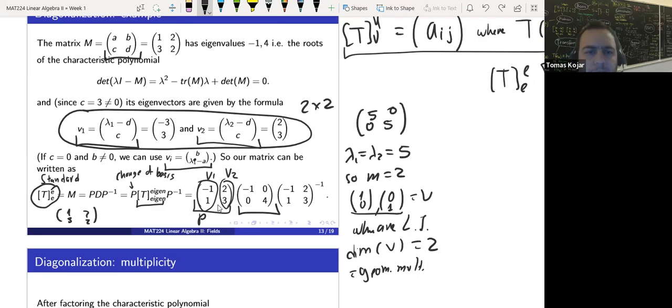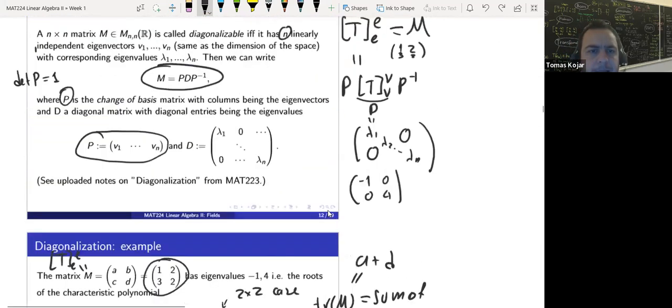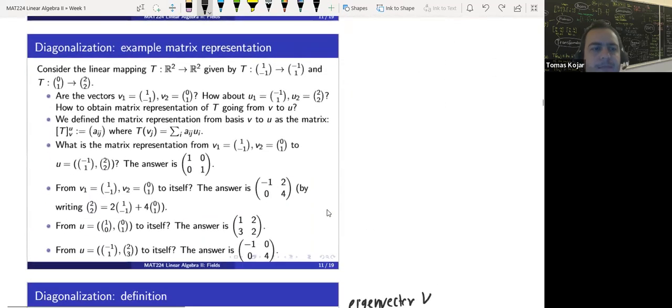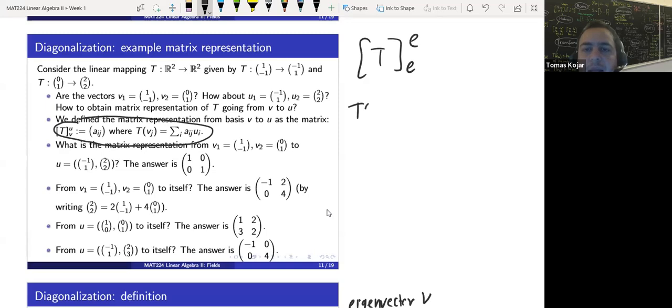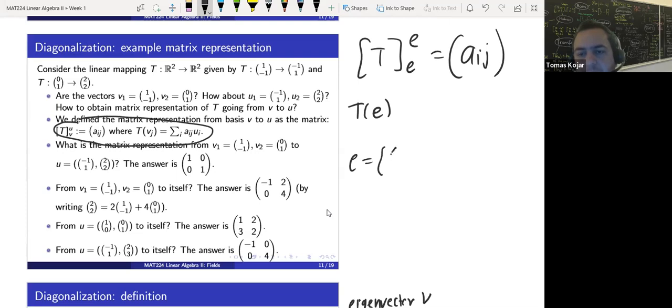Right, so we talked about this a little bit last time. We have this matrix representation for T. So T of E means that you write the matrix A_ij where you take the standard basis, in the 2 by 2 case, (1,0) and (0,1), and you evaluate T of these in terms of the other ones.